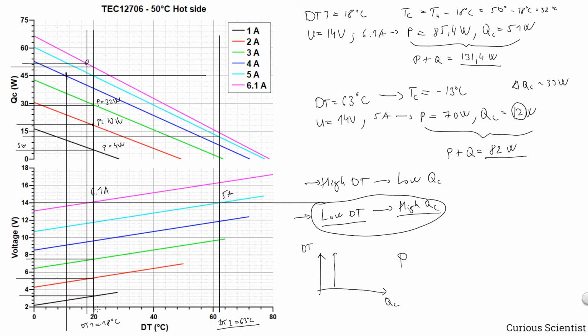So if you want to increase the DT at the same cooling power, so you want to reach lower temperatures while being able to maintain the same cooling power, then you have to give more current to this device, and then you are maximized here.